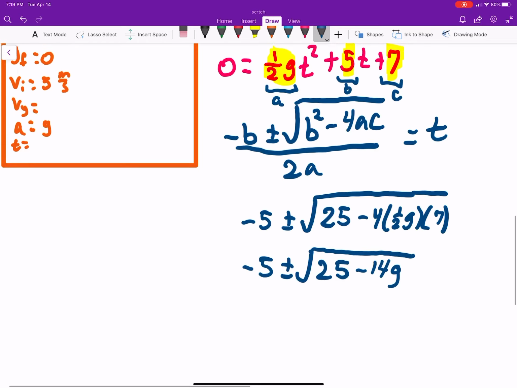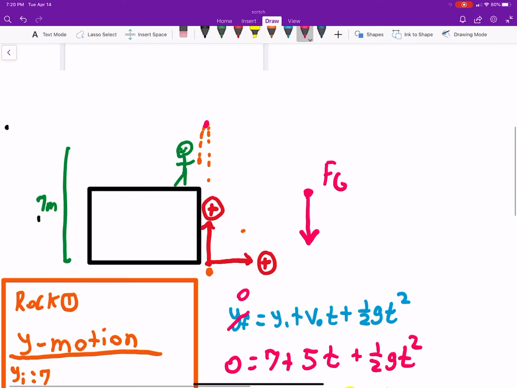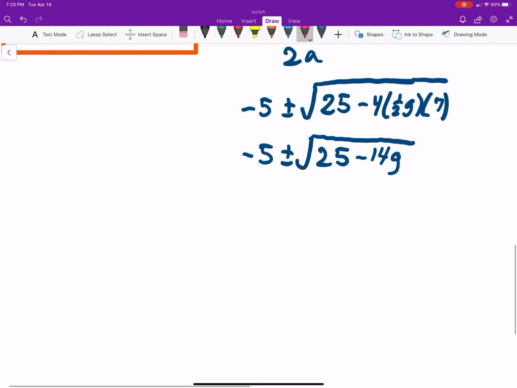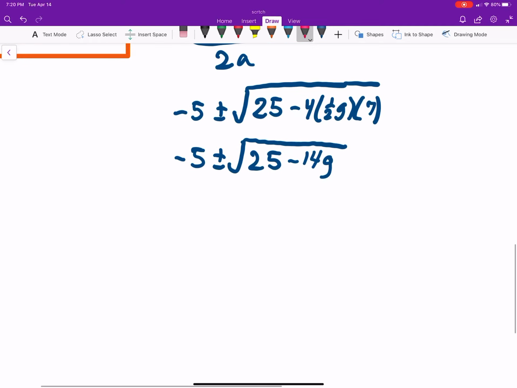Now it's important to note gravity will always be pointing down. Gravity is going to try to pull the rocks and everything down to the ground. When the rock is here, gravity is going to point down. When it's here, it's pointing down. It always points down. And because we're letting down be negative, g is equal to negative 9.81.